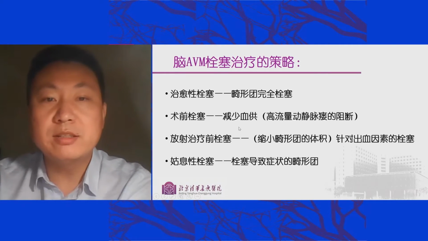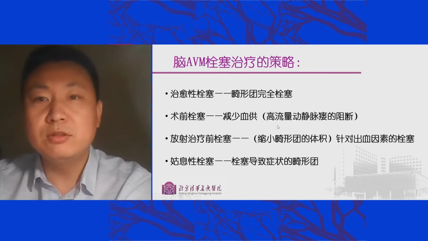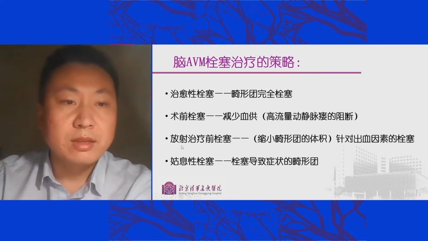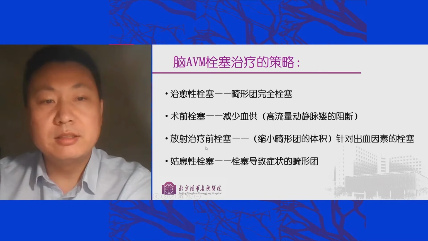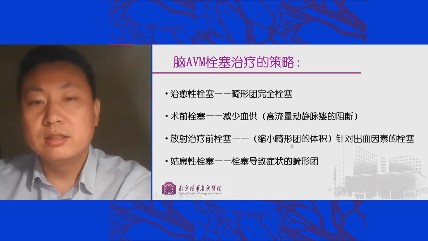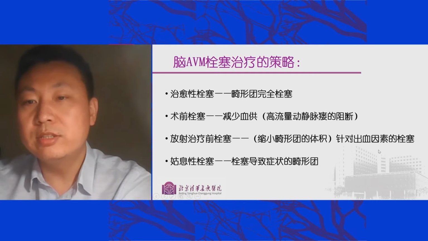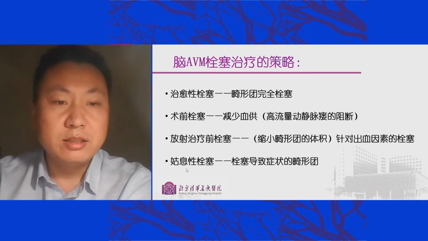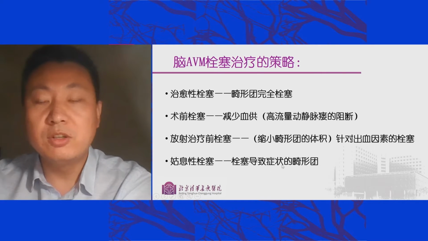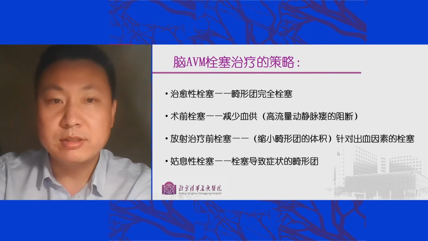The presentation is on AVM embolization. The indications for endovascular AVM embolization are curative embolization for small AVMs, preoperative embolization to decrease the blood flow, pre-radiosurgery embolization targeting the bleeding factors, and palliative embolization for large and complex AVMs.